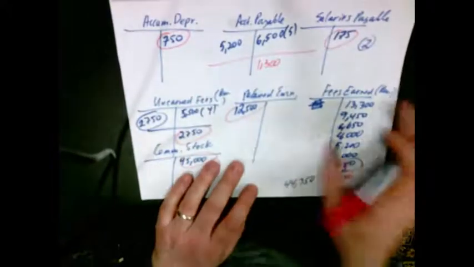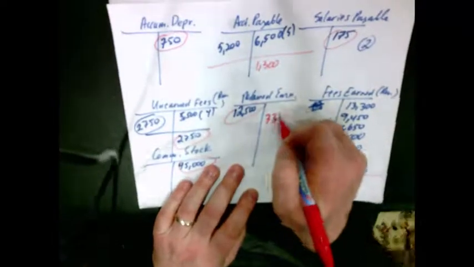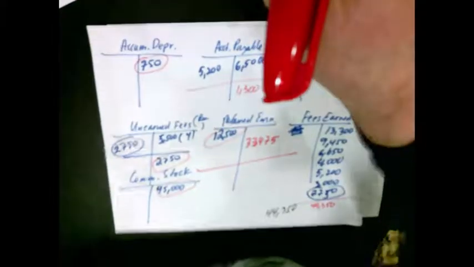So don't forget to actually enter credit retained earnings for net income, right? This is the final step of adding this 33,475, and that gives us our final retained earnings balance.